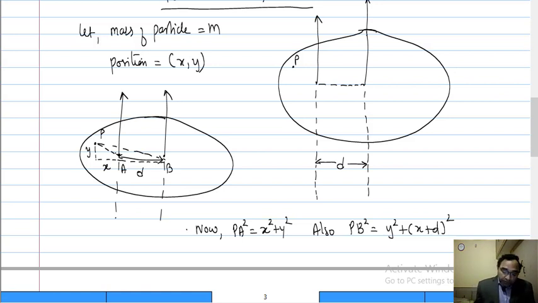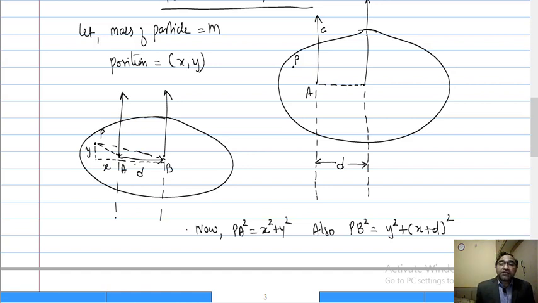So, let us assume that our central axis is passing through A. If x comma y is the coordinate of P, then exactly opposite on the other side of the axis, there can be a point P dash, and its x coordinate is negative, y coordinate will be positive only.